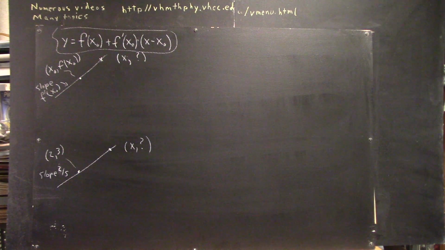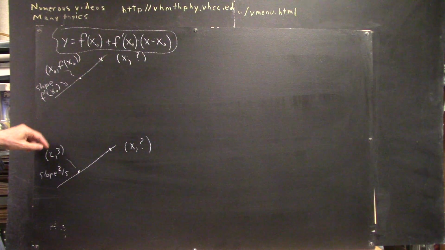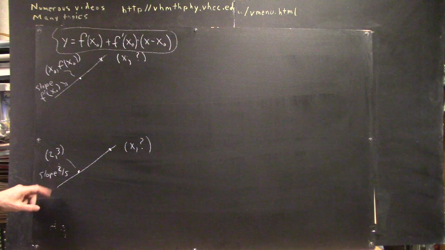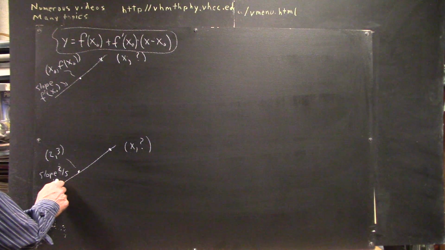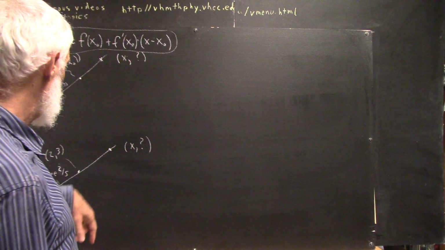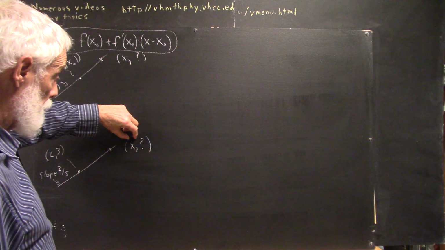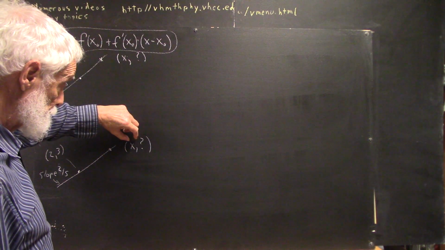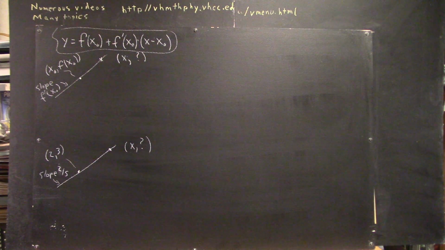Down here, we've got the point (2, 3), and we assert a slope of 2/5. Now, what are the coordinates of the point where the x-coordinate is x? In other words, what's the y-coordinate if the x-coordinate is x?